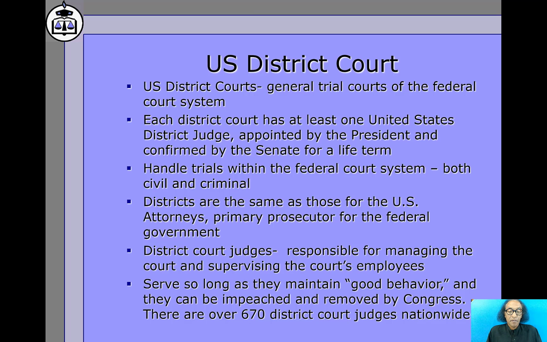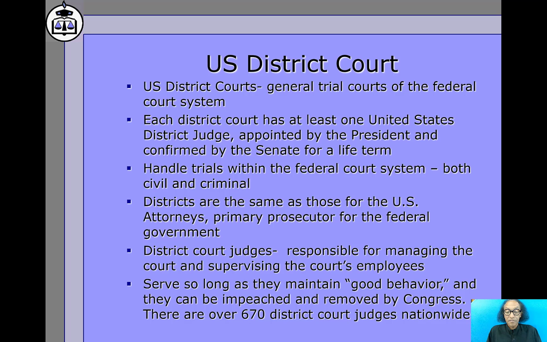And like all Article 3 judges, they serve as long as they maintain good behavior, and they can only be impeached and removed by Congress. They have a lifetime tenure, unlike the president, but their tenure is subject to good behavior, which means unless they're accepting bribes or committing other kinds of crimes, they're in it for life, just like other federal judges.